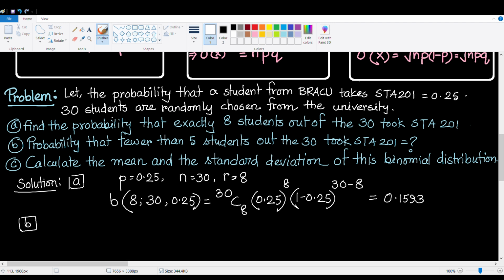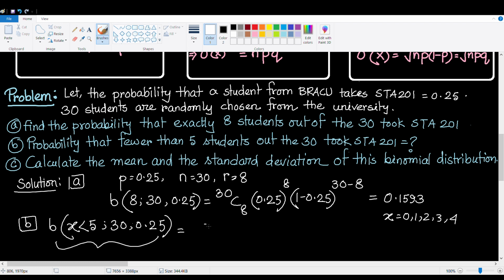So how to express that using binomial distribution function? We see that X can be 0, 1, 2, 3, and 4. For all 5 of these cases, we have to determine the binomial distribution function and then add all of them. So the probability here will be equivalent to, right?